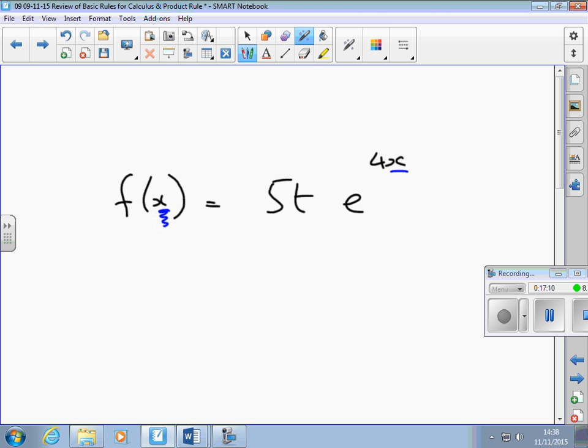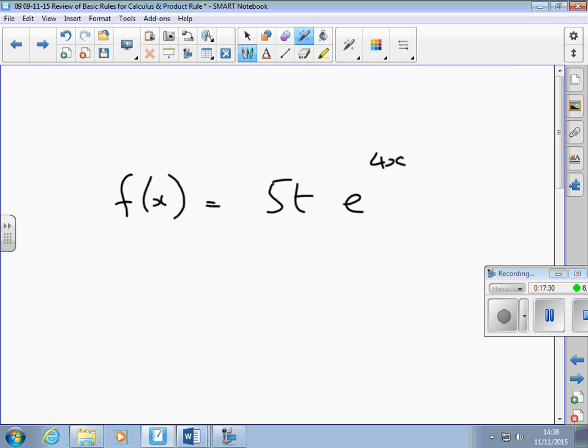I've got two things I don't know in here, an x and a t. So if x is the only variable, that means this must be a constant. I just don't know what it is. So there's only one variable in there. I can differentiate this without using the product rule. I just treat that as 5t times the number in front.